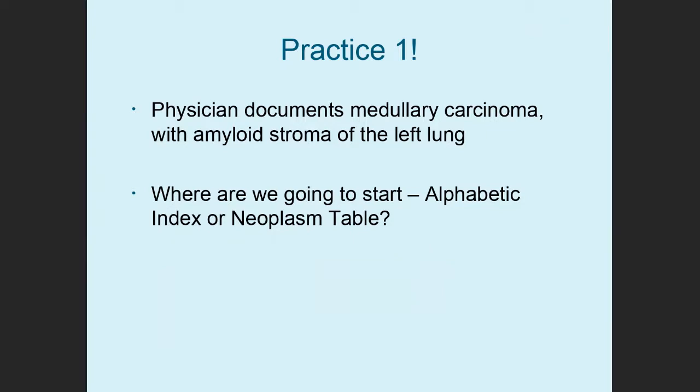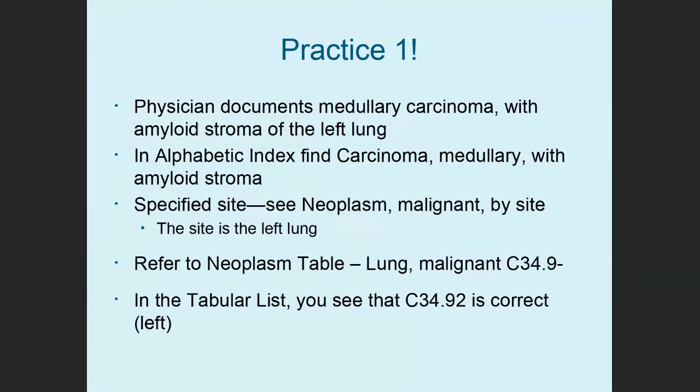Physician documents medullary carcinoma with amyloid stroma of the left lung. So where are we going to start? The alphabetic index or the neoplasm table? We're going to start at the alphabetic index. So we're going to find carcinoma, medullary, with amyloid stroma.